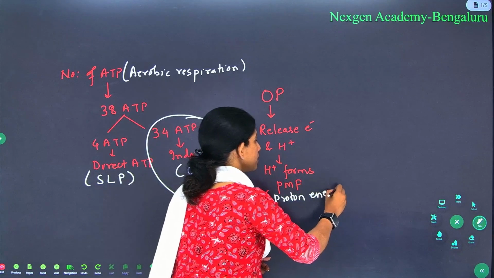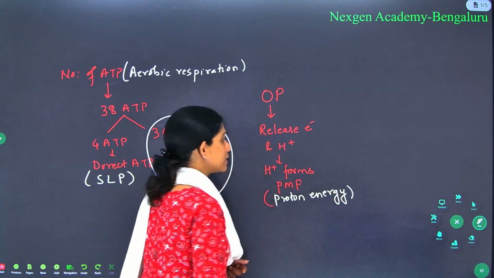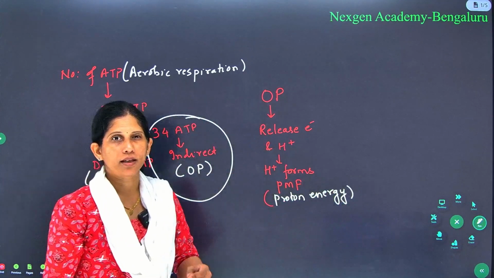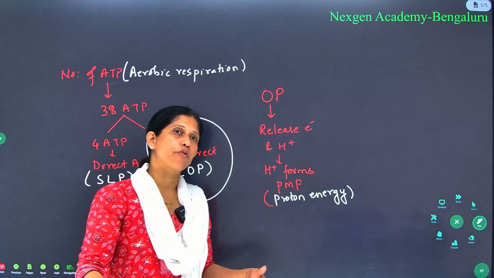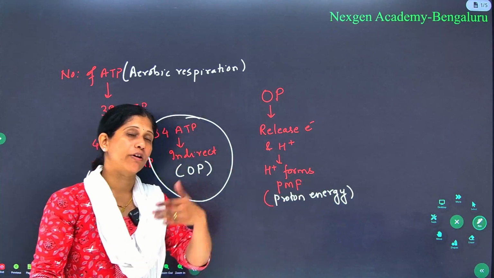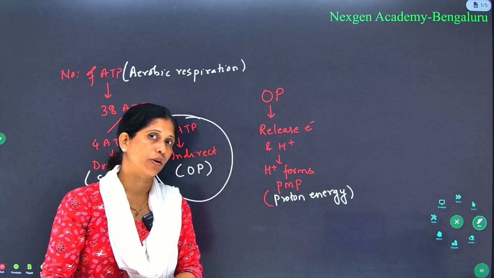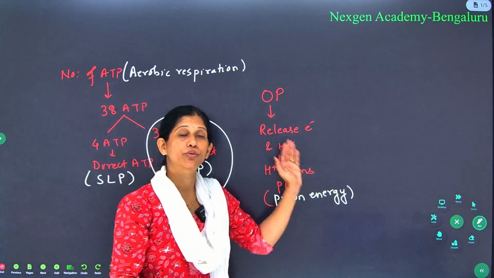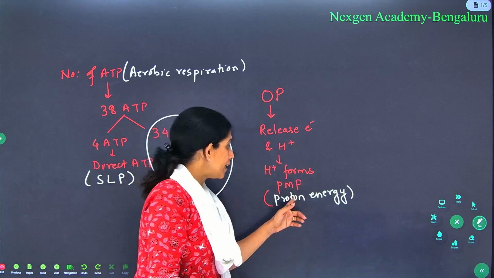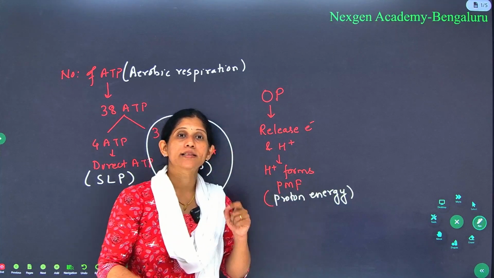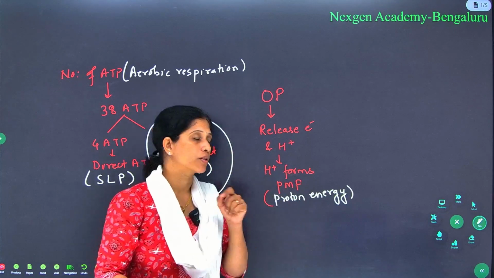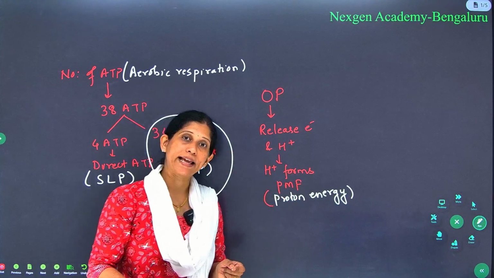Because the oxidation of coenzyme is happening, it is releasing the protons. When a huge amount of protons go from one end to another, from higher concentration to lower concentration, or move through the proton gradient, it creates a lot of energy. That energy is what we call proton motive force, or proton energy.